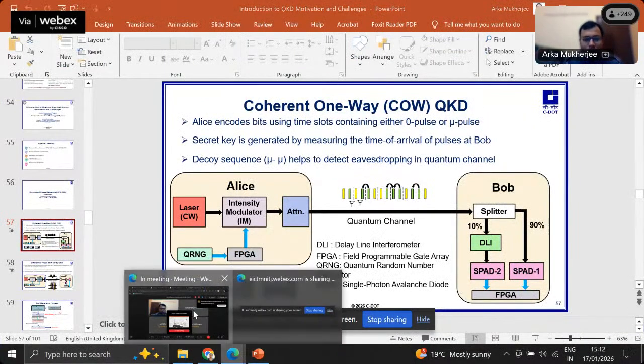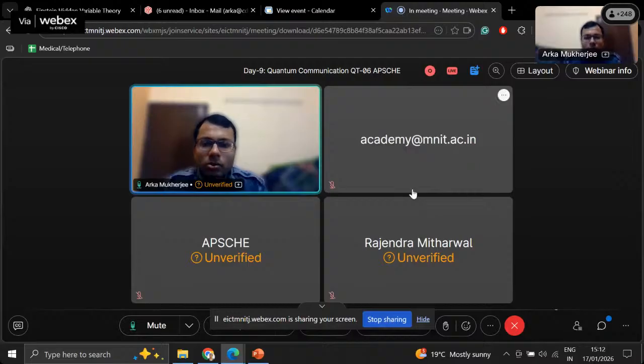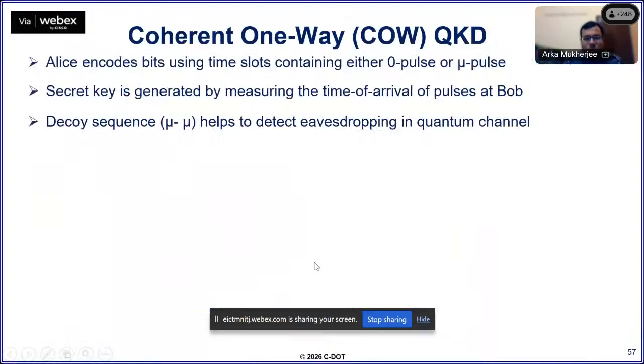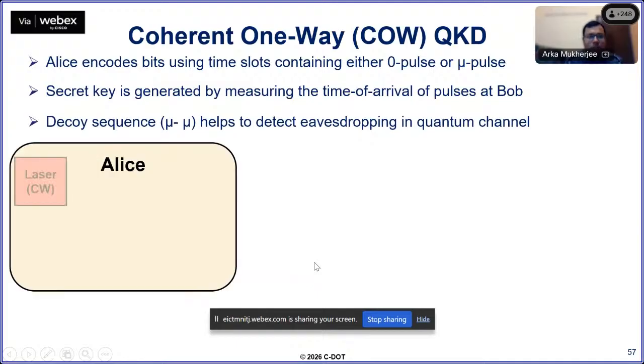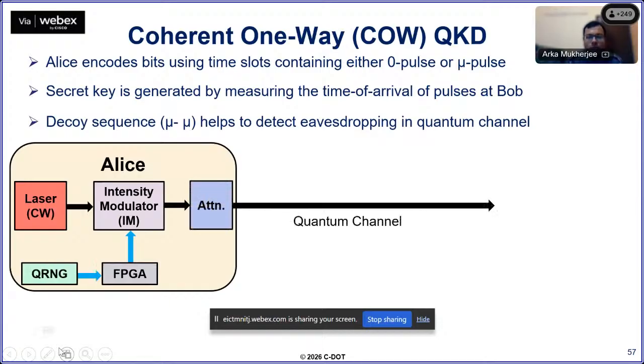The other question was why do we use FPGA? We need the FPGA because we need to send the control signals. We need some processor or controller to control these items.